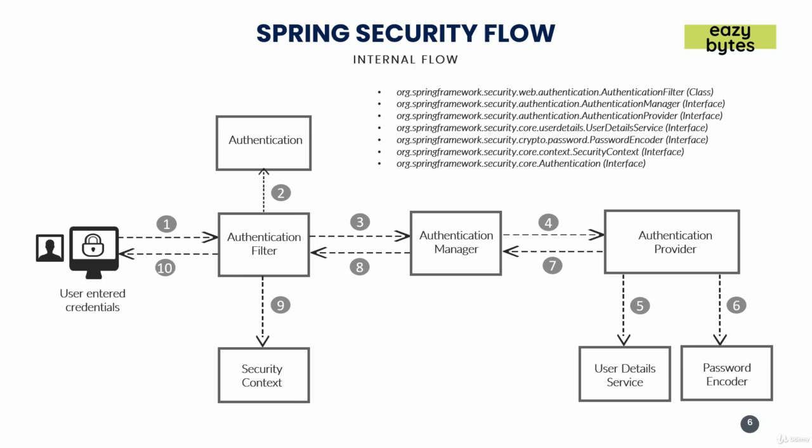Once my authentication filter receives the authentication object, populated from the authentication provider and manager as seen in step 8, it will pass that authentication object to the security context, where my details will be stored inside the container.